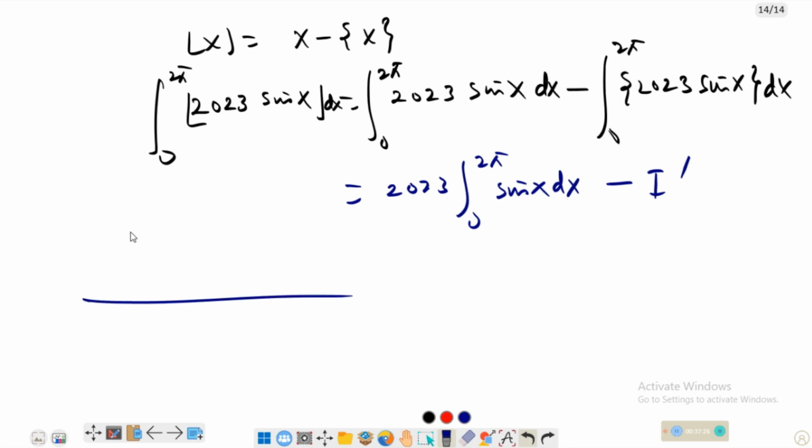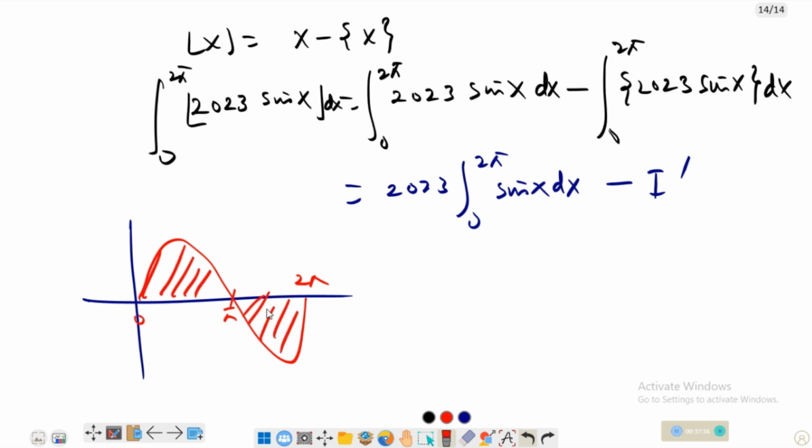We know that sin x from 0 to 2 pi, the algebraic sum of the area cancels out. This is plus alpha, this is minus alpha, so if we add alpha plus minus alpha it is equal to 0. The areas are positive and negative and equal in magnitude, so they cancel out.